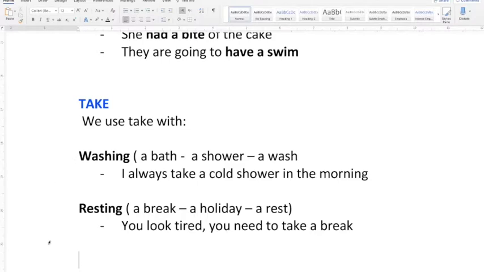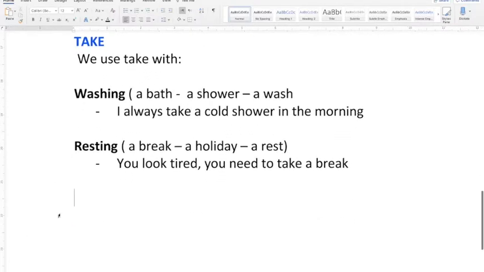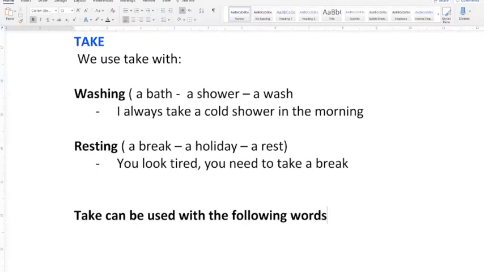But please also remember that there is a set of verbs that we normally use it with. So, for example, take can be used with the following words. I'm sure you have heard people saying, take care.